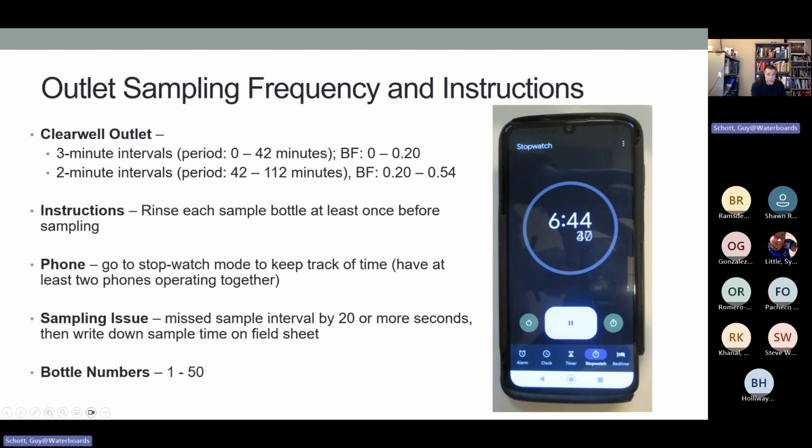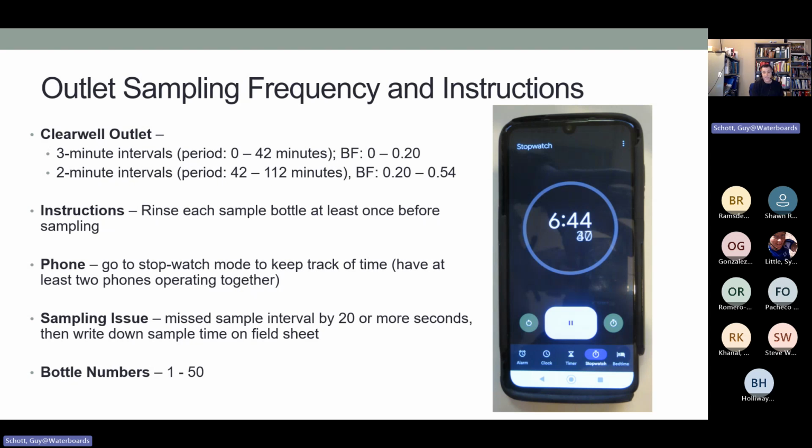The instructions for taking samples: before it's time to take a sample, you want to rinse the bottle out at least once first. You want to have a phone or a stopwatch to keep track of time. Usually we're using phones, so you want to have at least 2 phones or more, and we start the timers all together.